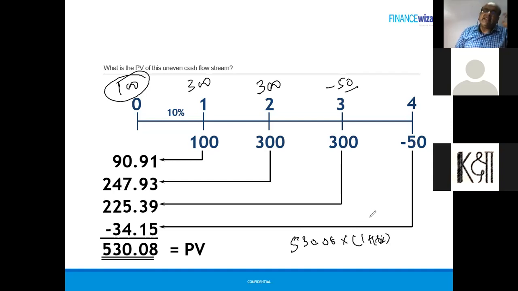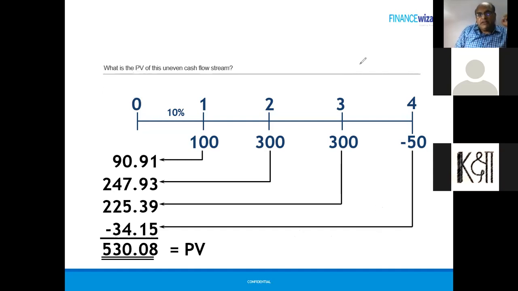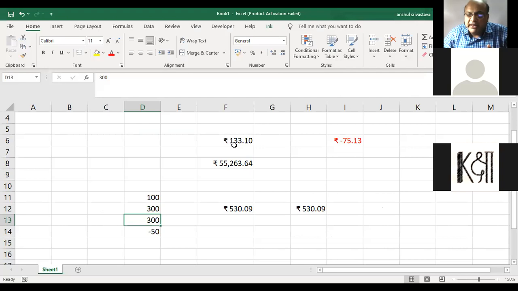So this is one thing that you should keep in mind, that in the normal present value formula, you can give type 1 or type 0 depending on if the payment is made at the beginning or at the end. But the NPV formula does not give us an option to put type 1 or type 0.